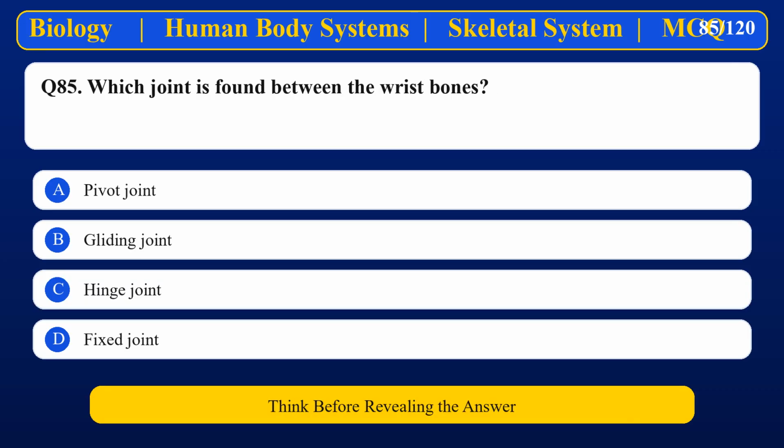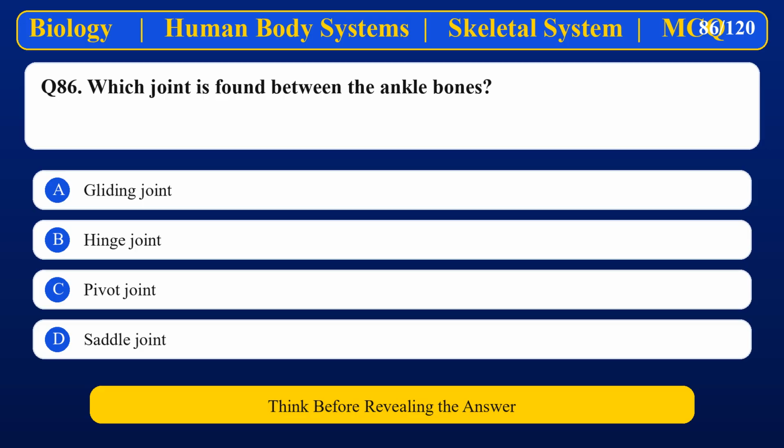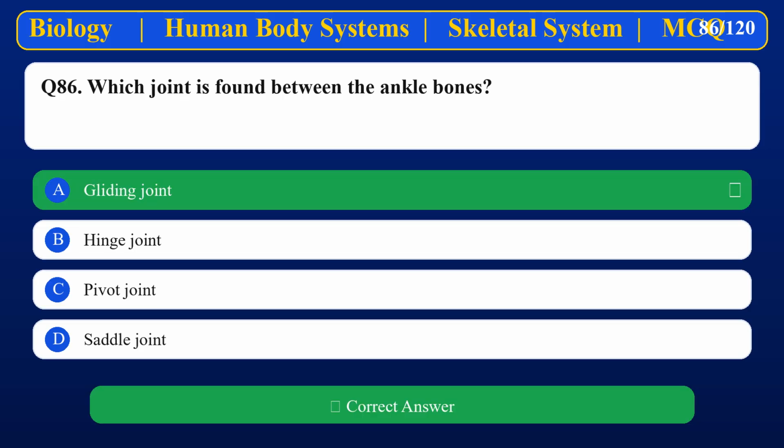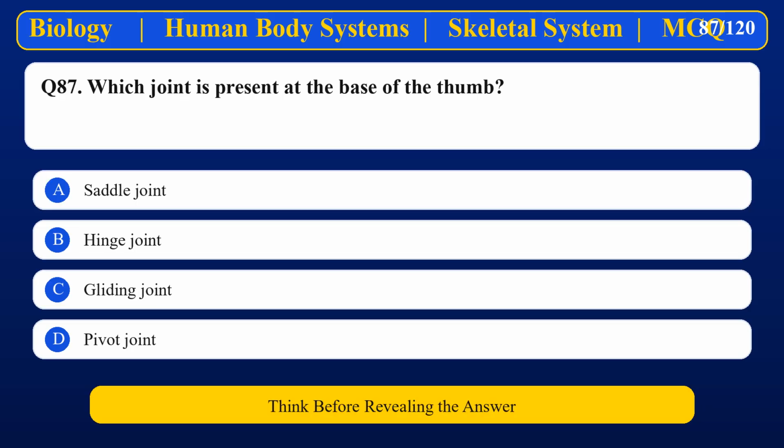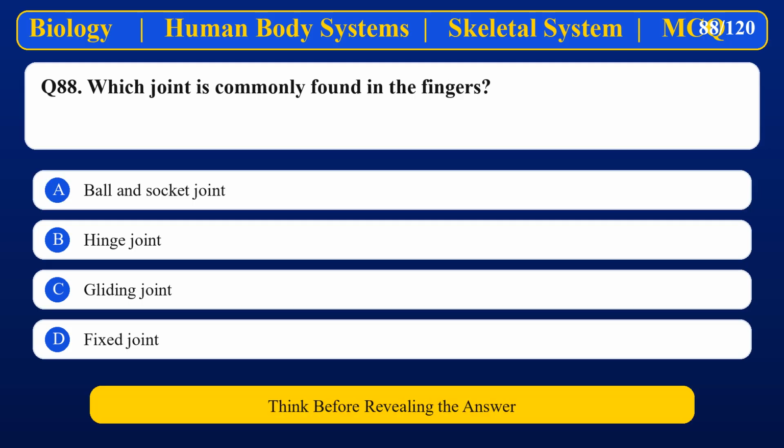Which joint is found between the wrist bones? Gliding joint. Which joint is found between the ankle bones? Gliding joint. Which joint is present at the base of the thumb? Saddle joint. Which joint is commonly found in the fingers?